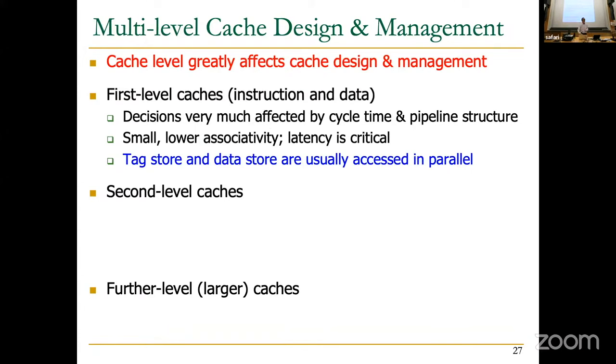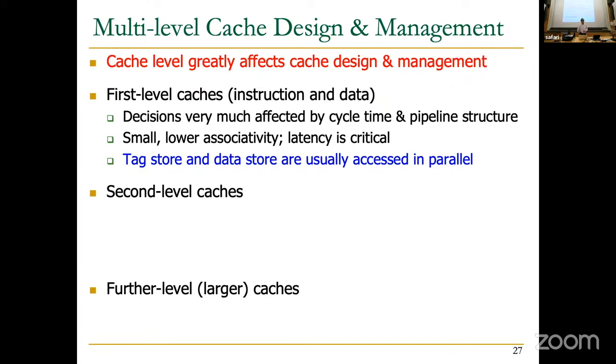Because you need to get the data very quickly into the pipeline, instructions are especially important, because if you don't get the instructions into the pipeline quickly, you'll stall the entire pipeline, right? Data is also important in the back end. But basically, these are usually smaller, lower associativity, and latency is critical, as we've discussed.